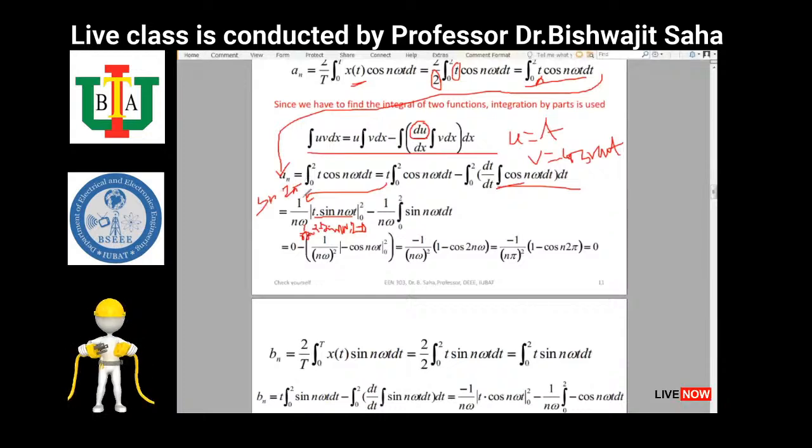Sine 2 pi how much? 0, right? Yes, sir. So the total first term becomes 0. Everybody clear? Yes, sir.